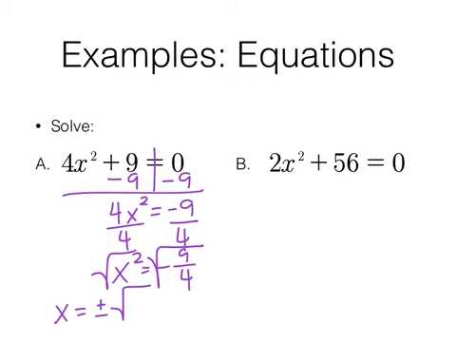And then it's plus or minus the square root of negative 9/4, which is going to be an imaginary number, is going to have the imaginary unit in the answer. So the square root of 9 is 3, the square root of 4 is 2. So this is positive and negative 3 over 2i.